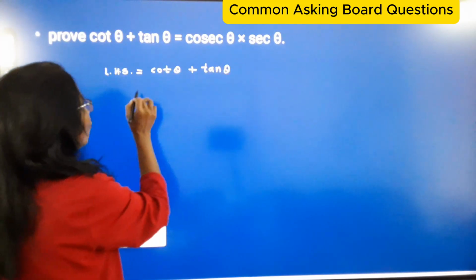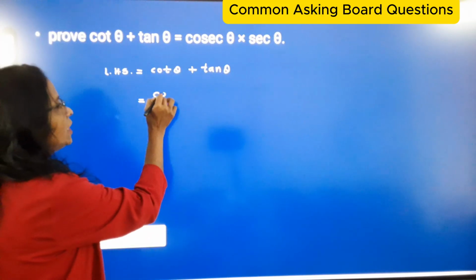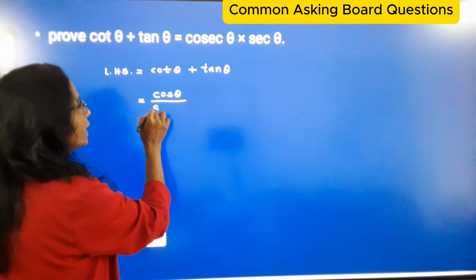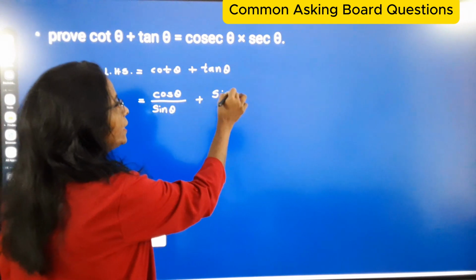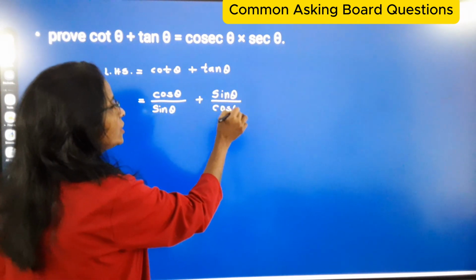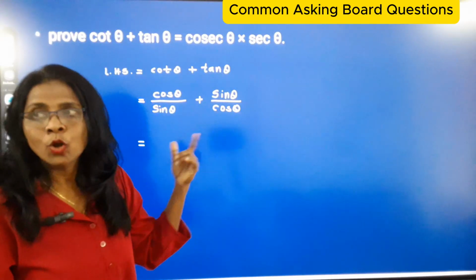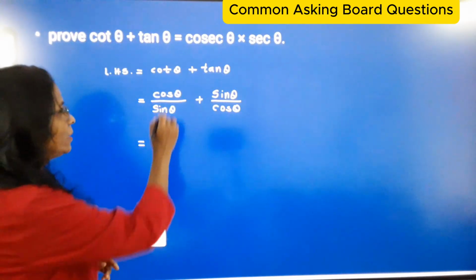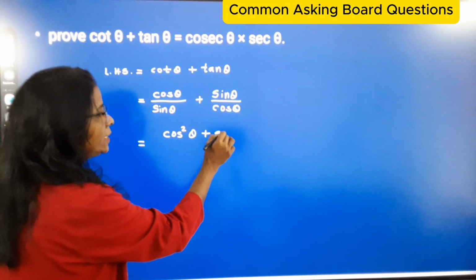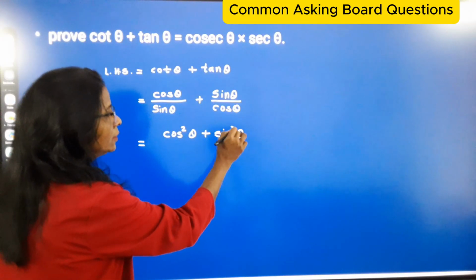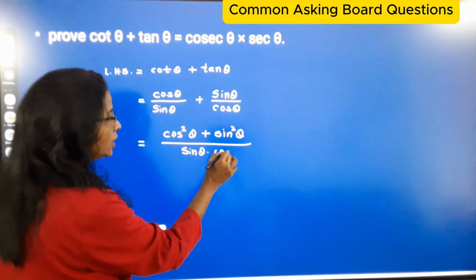We can represent cot theta as cos theta upon sin theta and tan theta as sin theta upon cos theta. The denominators are different, so we cross multiply.